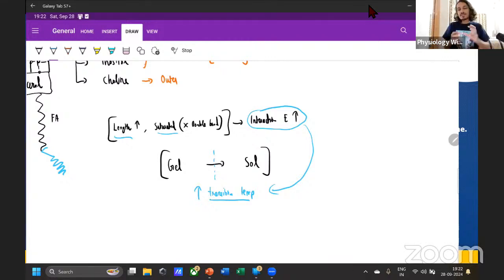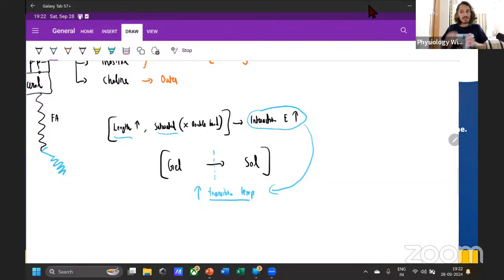Because of this, there can actually exist different domains within the same membrane. In some areas where, for example, longer fatty acid chains and more saturation are present, at a particular temperature it can exist in more of a gel state. And if you go to some other part, it can exist in a more sol form.